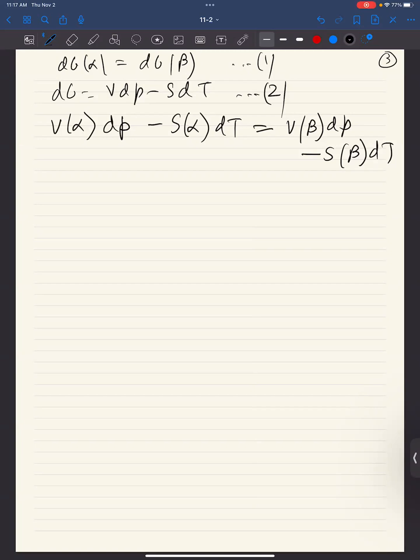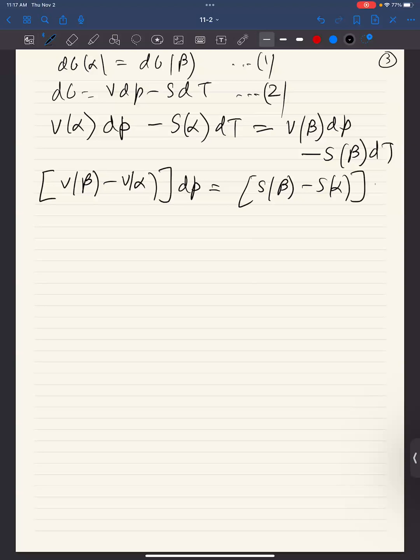Now we can rearrange this. V of beta minus V of alpha multiplied by dP is equal to S of beta minus S of alpha multiplied by dT, or dP by dT, the slope.